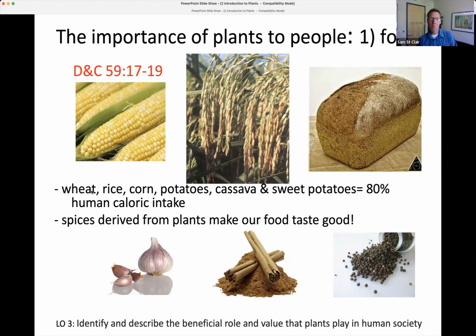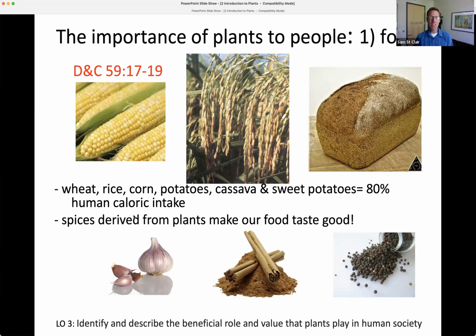And these crops right here, wheat, rice, corn, potatoes, cassava, and sweet potatoes, are the major crops. About 80% of human caloric intake comes from those species. But we don't just eat food for energy and building blocks, we also eat food for enjoyment.